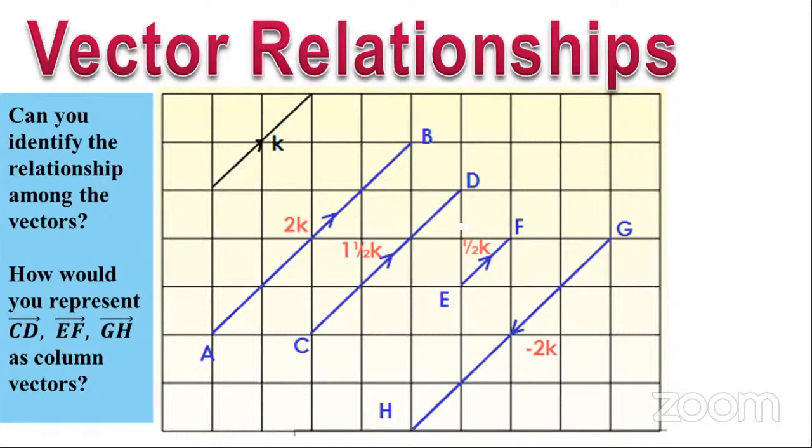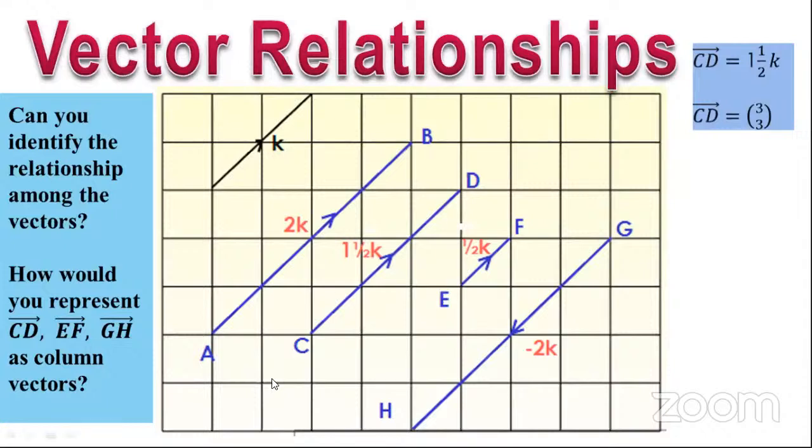All right, so Camille, let us see what will happen here as we compare CD to the vector K. We are going to see that it's K plus half K. Now, how would we write that? Let's take a look at how we would write it. All right, so we see K or 1, and then we have a half, so it's 1.5K.